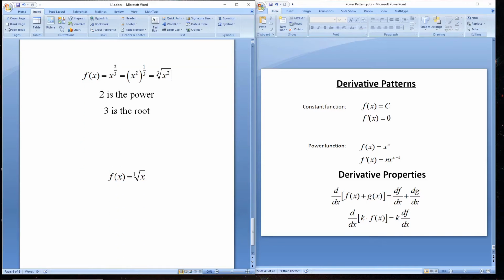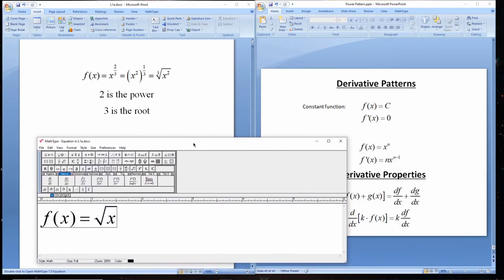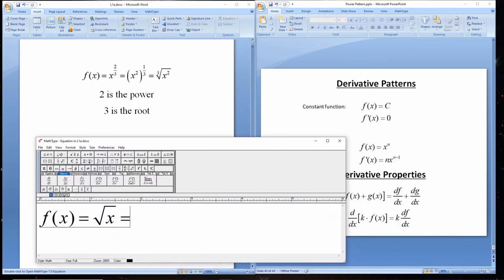So if we have the square root of x, the first thing we're going to do is get rid of the square root. Because it's not a number, we can't manipulate the symbol, but we can manipulate a number. And a square root does mean power of a half.